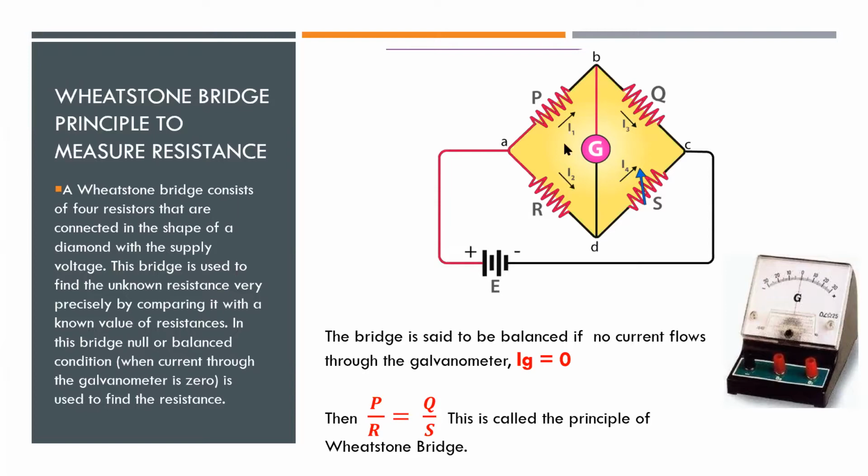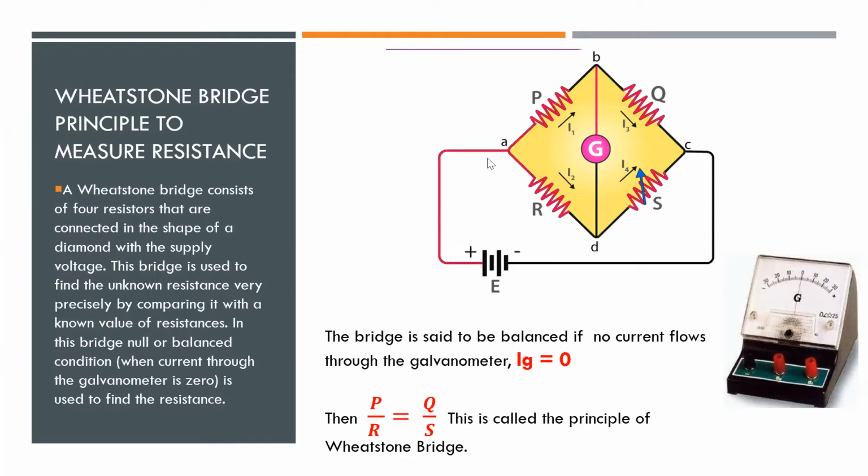So this Wheatstone's bridge arrangement is said to be balanced if no current flows through the galvanometer, and the galvanometer current Ig is equal to 0. If there is no current flowing through the galvanometer, then this is called the principle of Wheatstone's bridge.